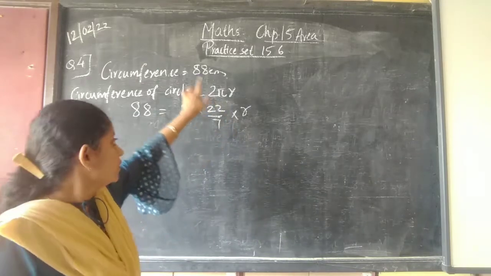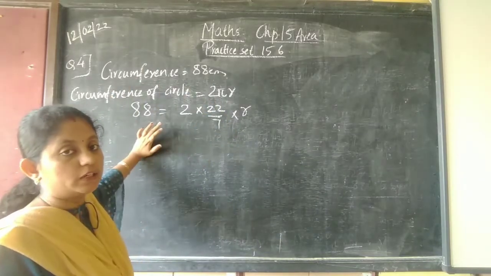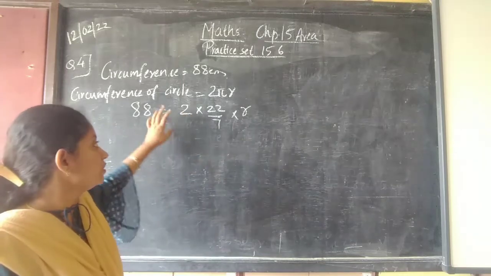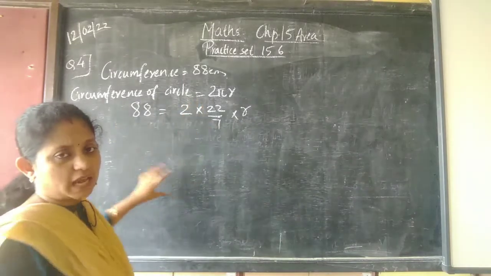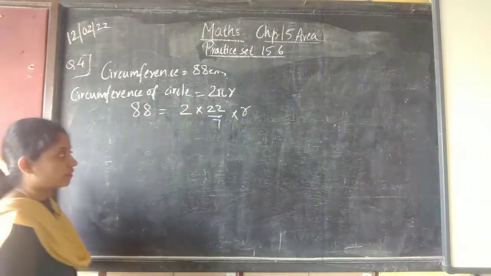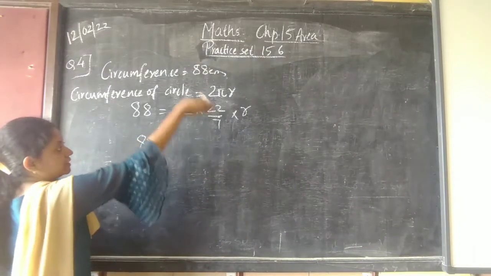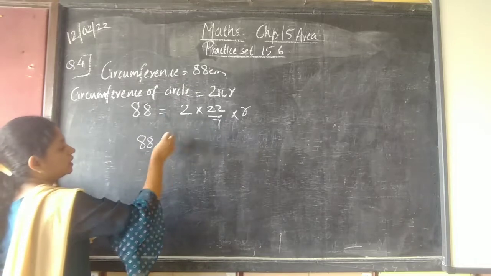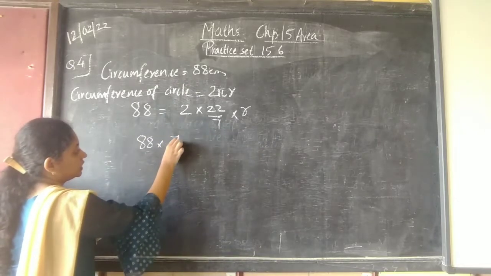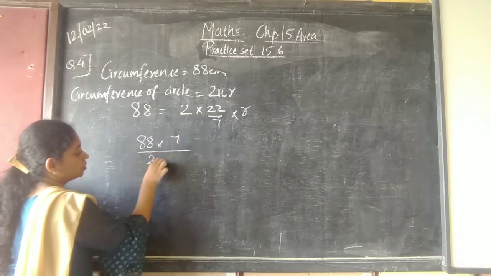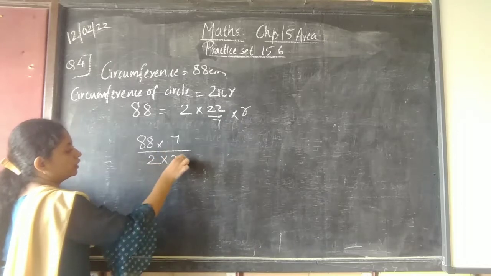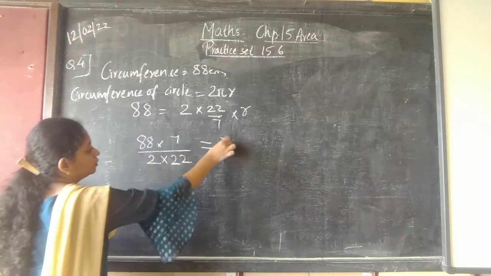How much you are getting? That you can write it together, that is 44 upon 7. You can shift all together as it is. Anyway it is fine. So 88 into, when you shift these numbers here, what happens? It becomes reverse. So 7 will come on the top and in the below, what will come in the denominator? 2 into 22 is equal to r.